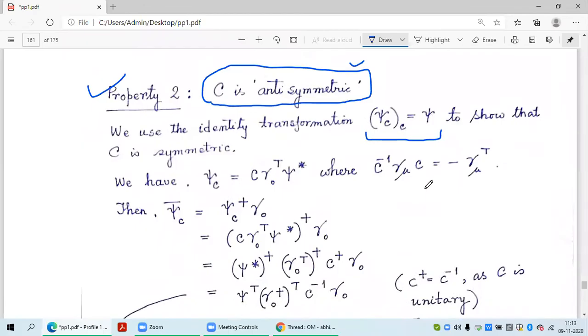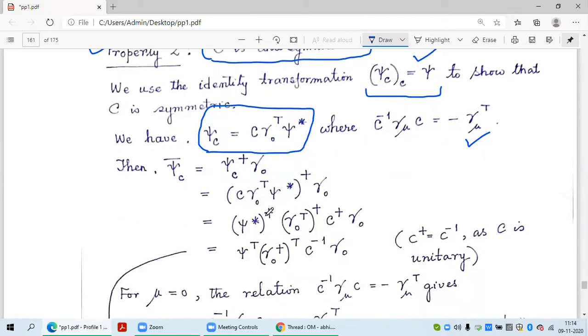To show this, let's do this. We know that psi C is this object, where C satisfies this. Now, before evaluating the left hand side, try to find out what psi C bar is. Psi C bar by definition is psi C dagger gamma 0. Now, psi C dagger is the dagger of this whole thing, times gamma 0. Once you take the dagger, individual parts will be daggered, but in the reverse order.